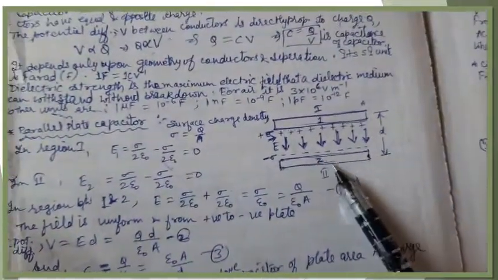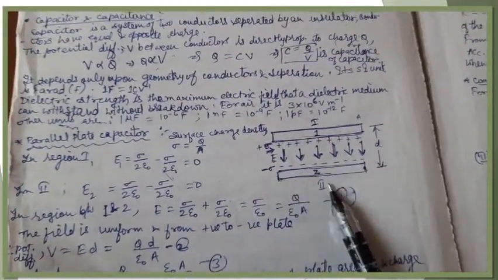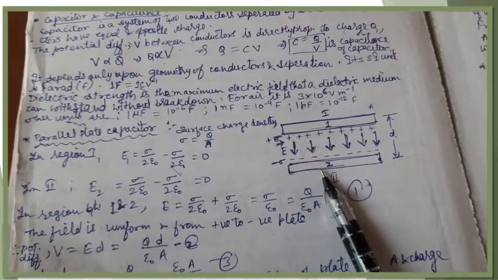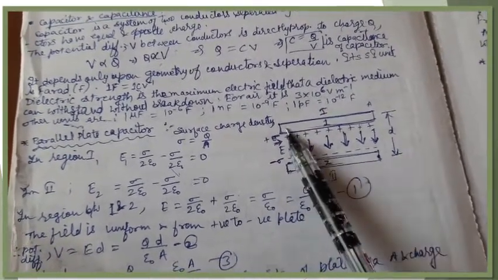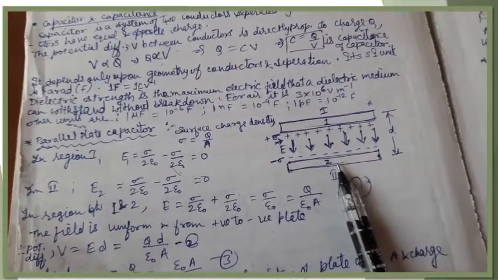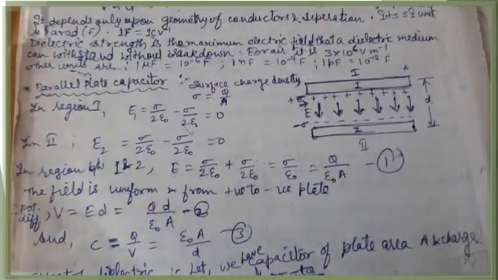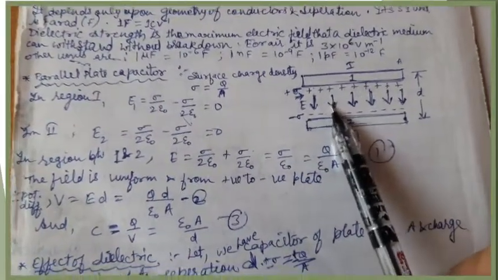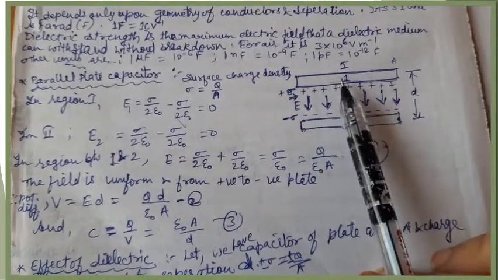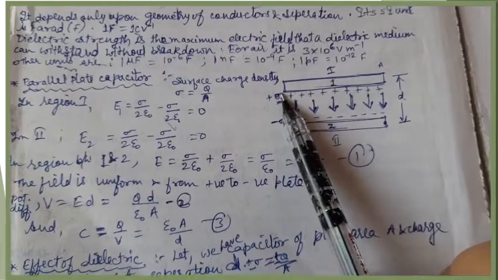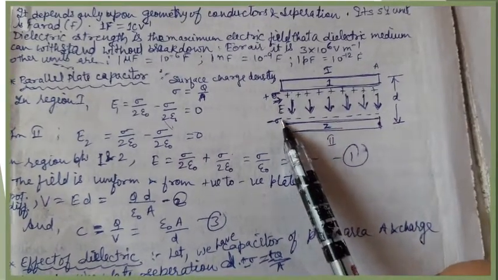Now, as I explained, a parallel plate capacitor is shown. Plates 1 and 2 are there. Plate 1 has positive charge density plus sigma and plate 2 has minus sigma. Equal and opposite charges are there. Suppose we have a parallel plate capacitor with conducting plates 1 and 2 having surface charge density plus and minus sigma.